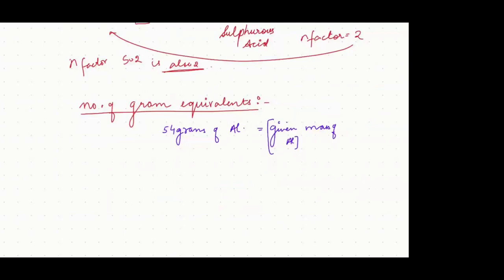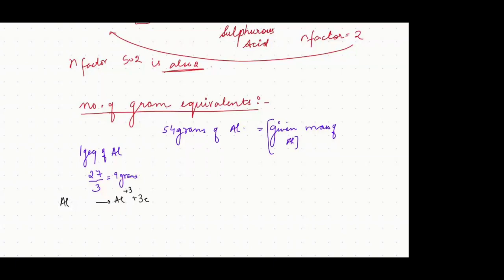I told you that 1 gram equivalent of aluminium we calculated, right? It was molar mass by valency. That was 9 grams, if you remember, initially. If you write down this equation, aluminium loses 3 moles of electrons, will form Al plus 3.